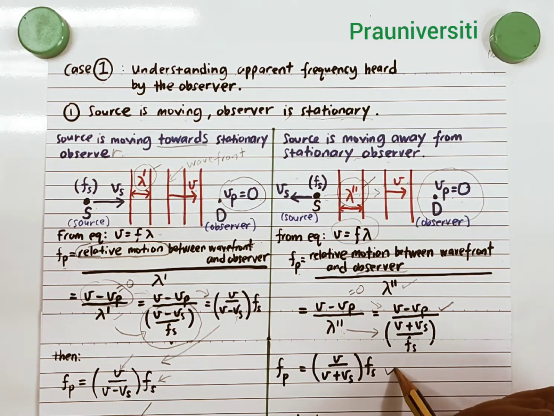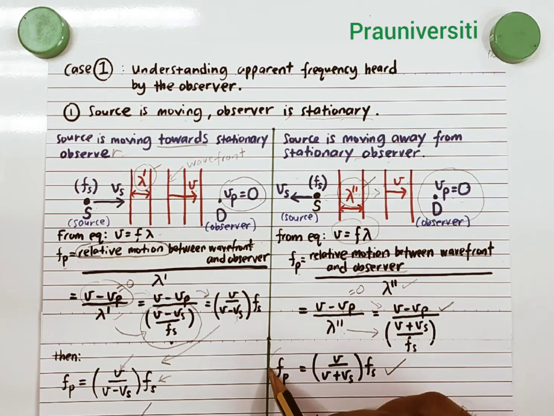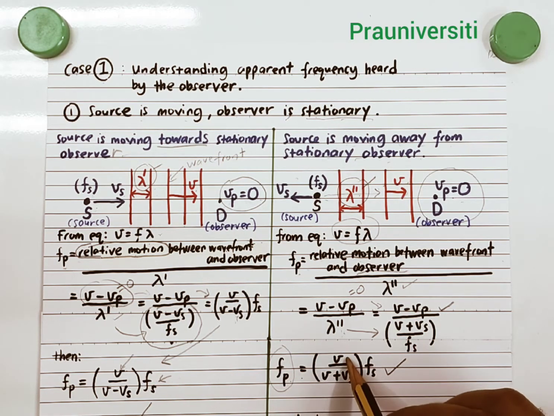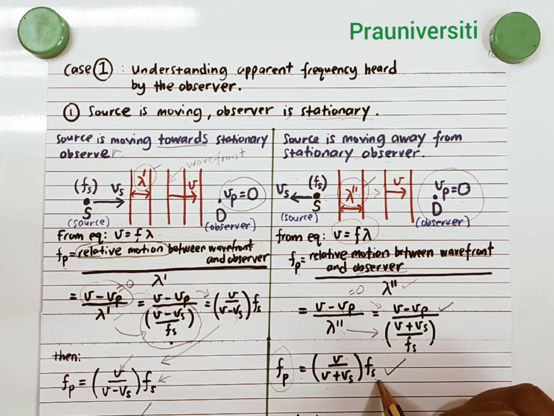Then we can write this equation. So here is the apparent frequency heard by the observer, equal to V, the speed of sound, over V, the speed of sound, plus Vs, the speed of the source, times Fs. Fs is the original frequency.